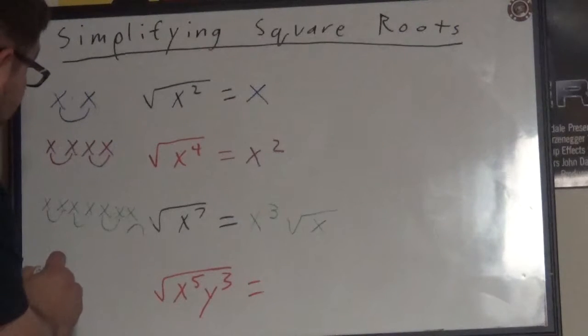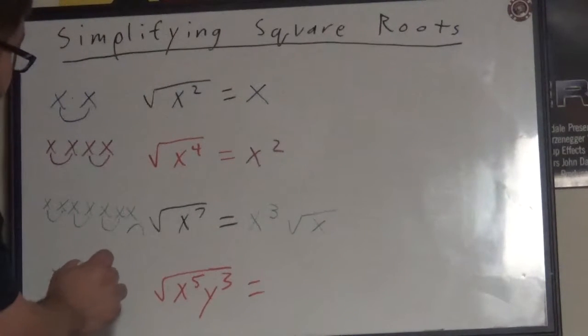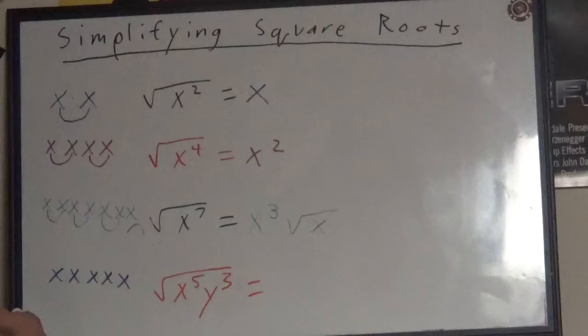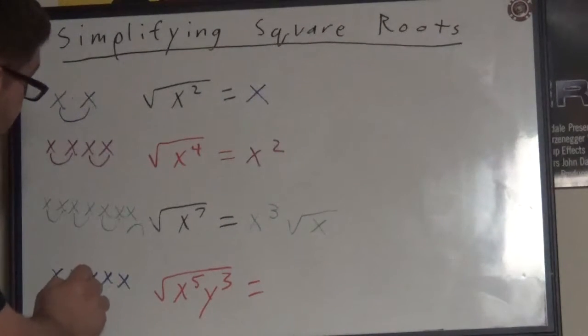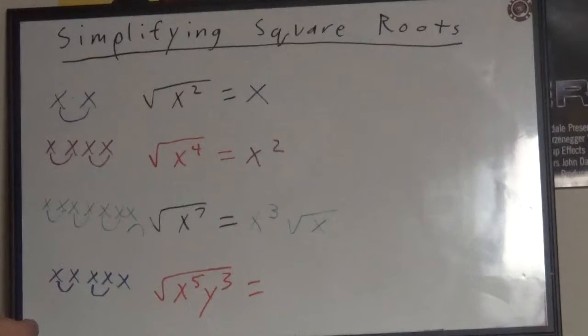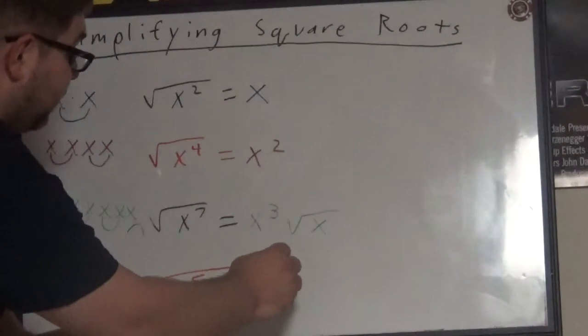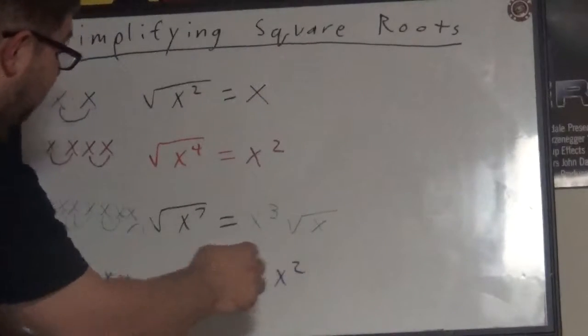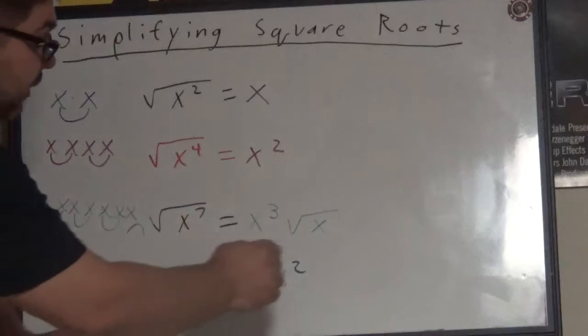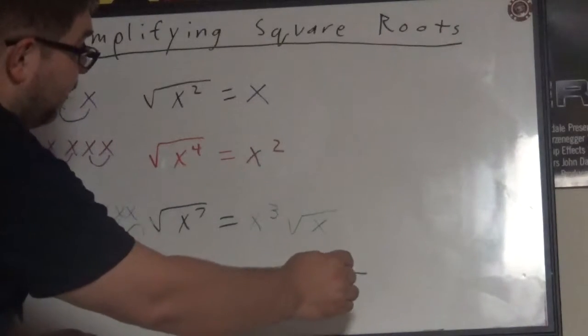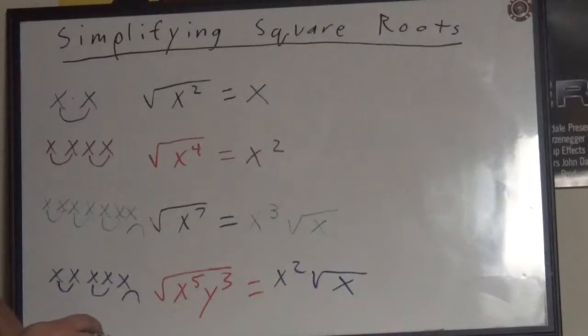X to the fifth, well, we have 5 x's. I'm still going to group them in smiley faces. And we have how many? 1, 2. So I've got x to the second power. I have the one sad x left over. Away to the square root with you. He's got to go back inside that square root.